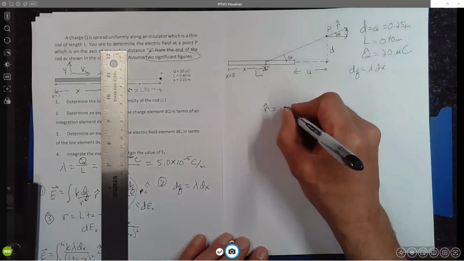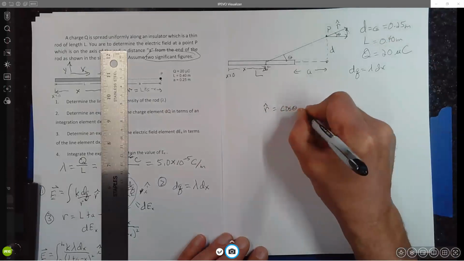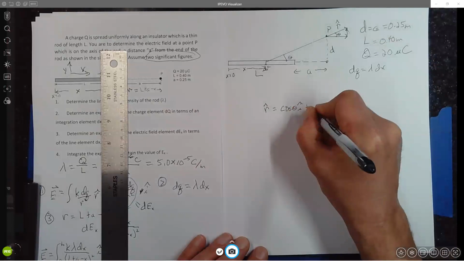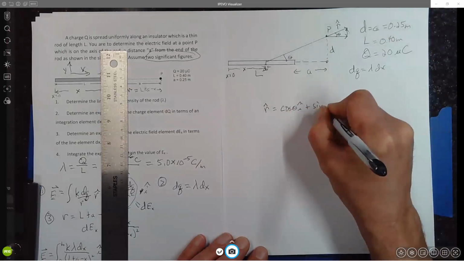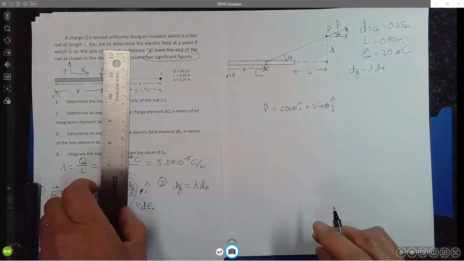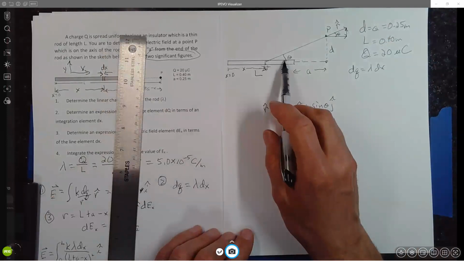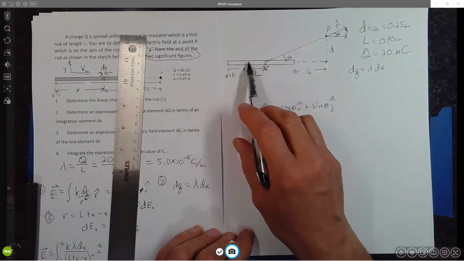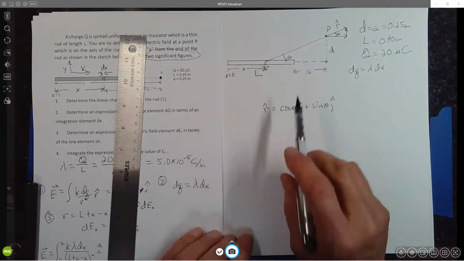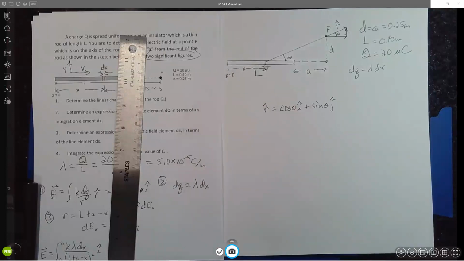So r hat will actually equal the cosine of theta in the i hat direction plus the sine of theta in the j hat direction. Okay, well that's kind of neat, except theta is going to change continually as we move along this charged rod. So that's something that we'll have to think about.